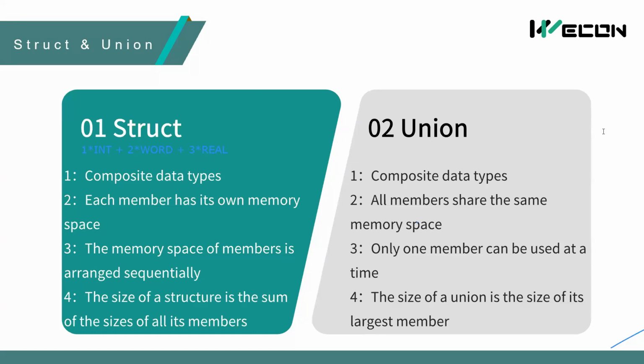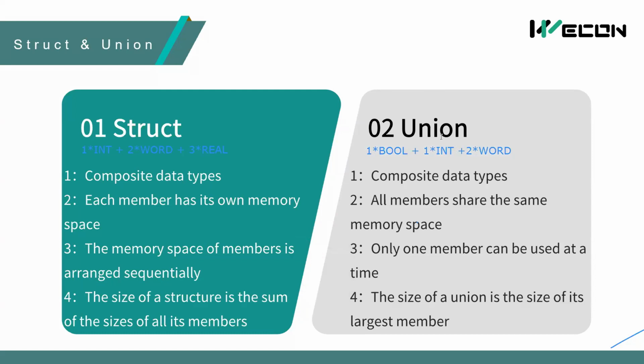But for a union, for example, here we have one bool variable, one int variable, and two word variables.